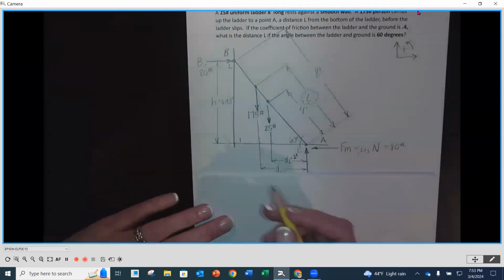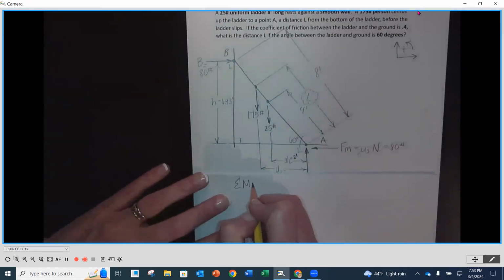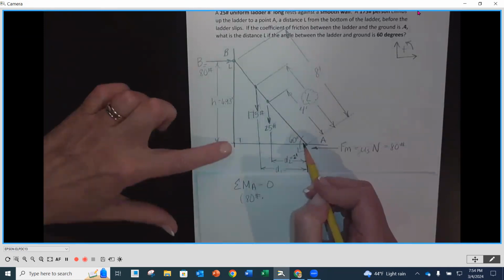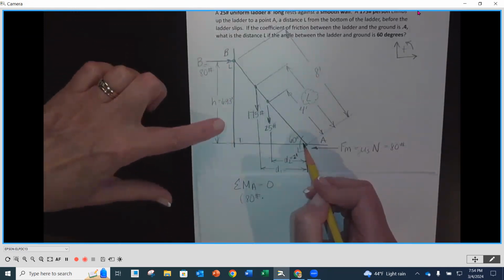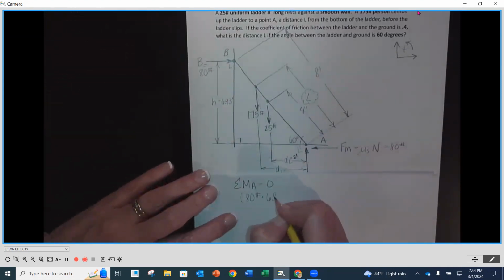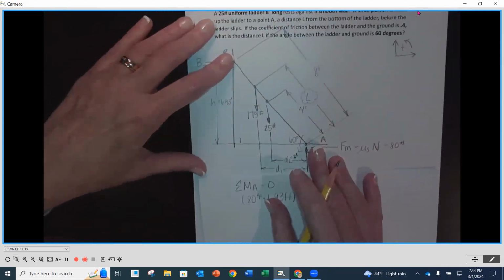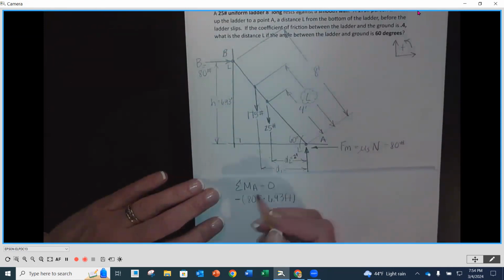It's going to cause rotation. So sum my moments around point A equal to 0. I'm going to have 80 pounds times the perpendicular distance from A, which is 6.93 feet. And it's going to rotate in a clockwise direction, which will be negative out front.